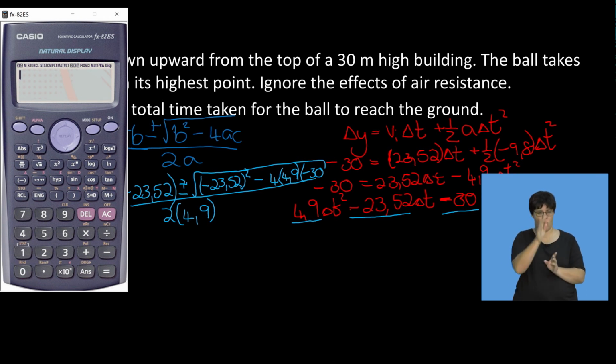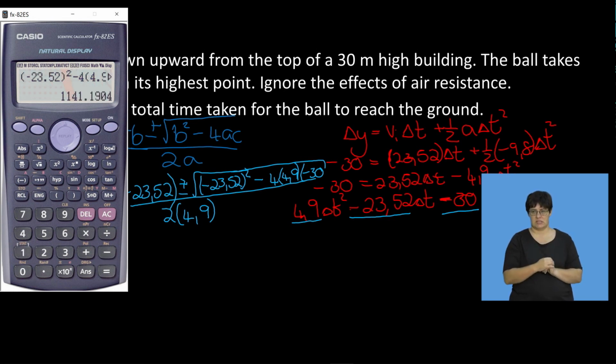So I've got, let's do it this way, minus 23.52, oh wait, I've got it twice, let's not do that. Minus 23.52, whoopsie. I can use the calculator, squared, minus 4 times 4.9 times minus 30.